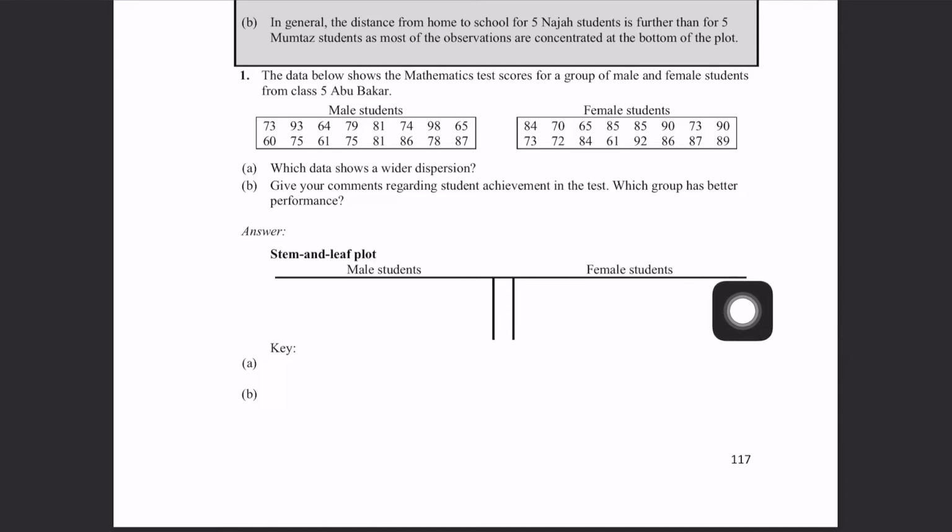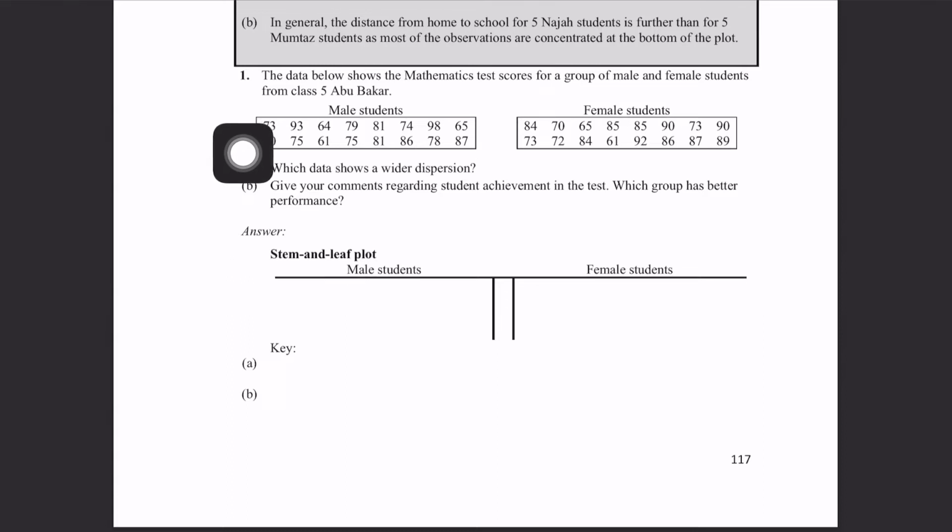Okay, so to construct stem and leaf plot, we know that all of these digits are 2 digits. So the stem, we can choose one number from the tens, rumah puluh.